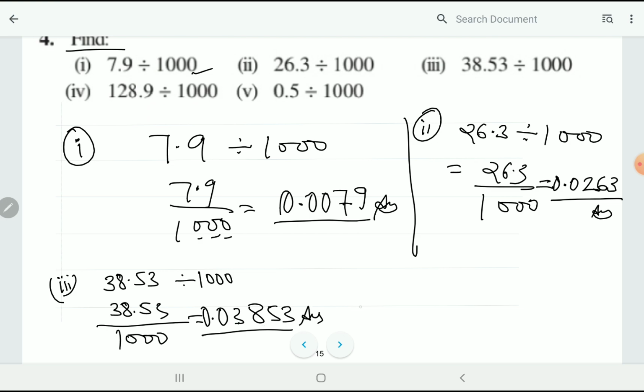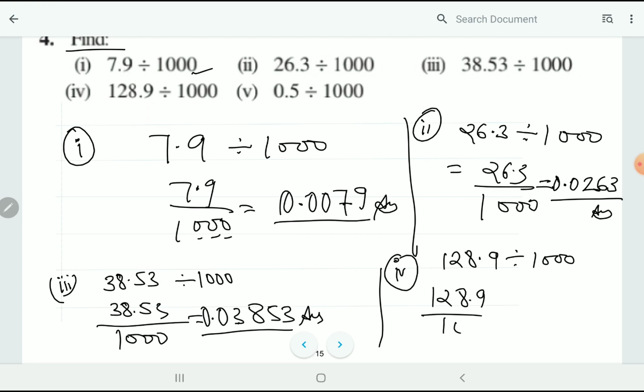This is the answer. Fourth part. 128.9 divided by 1000. Again divide the decimal number by 1000, so the decimal will shift by 3 places. So 1, 2, 3. It will come here. This is the answer. Fourth part is also done.